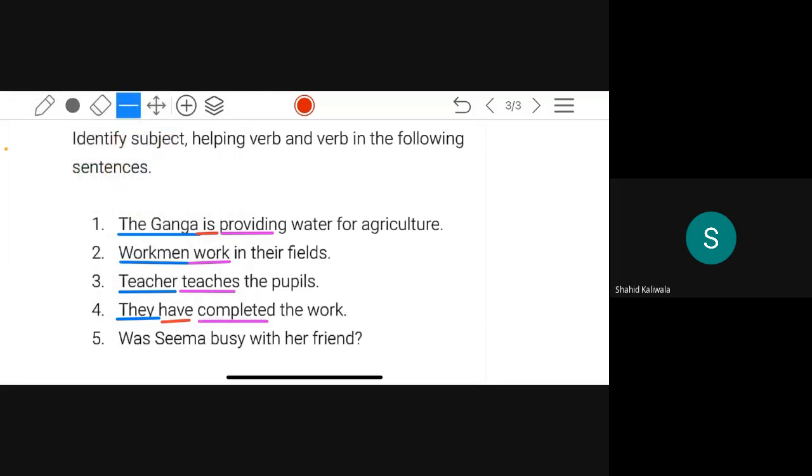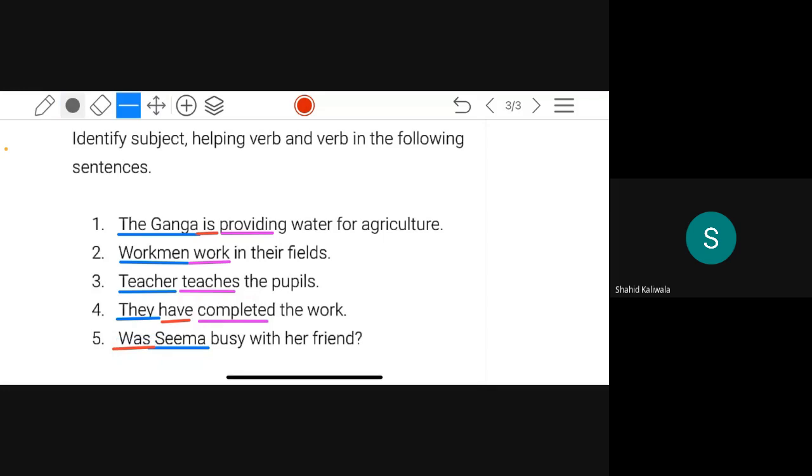Then next, was Seema busy with her friend? Seema is the subject, yes. We do have a helping verb. Was. Okay. Is there any main verb? Friend.